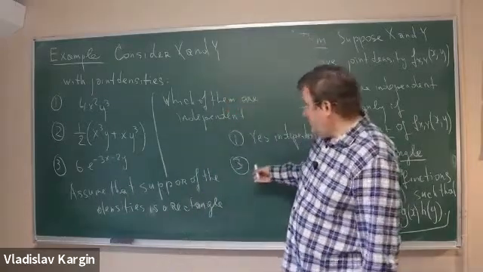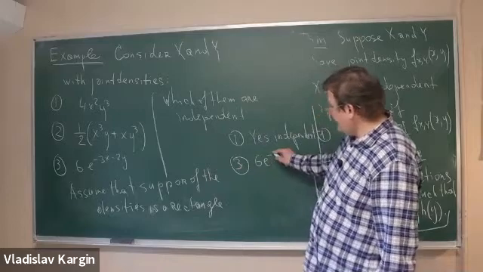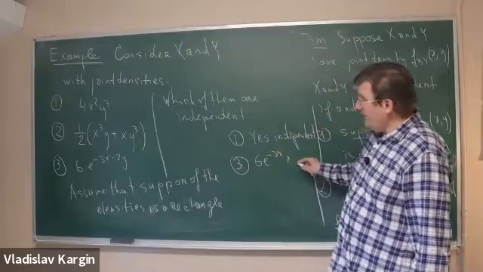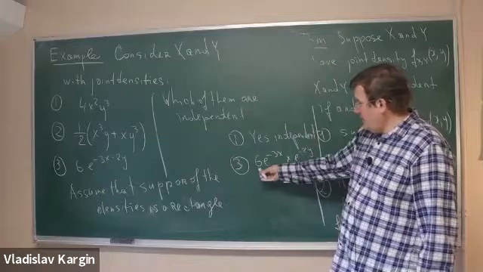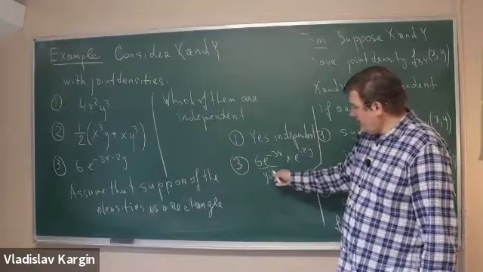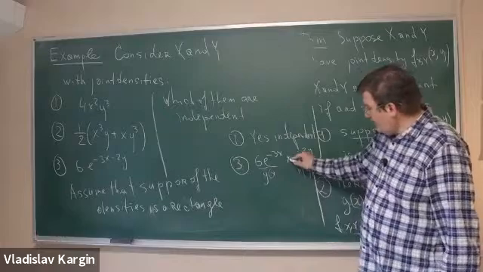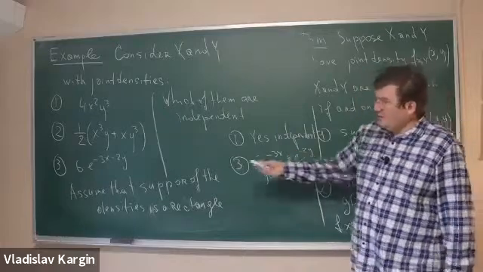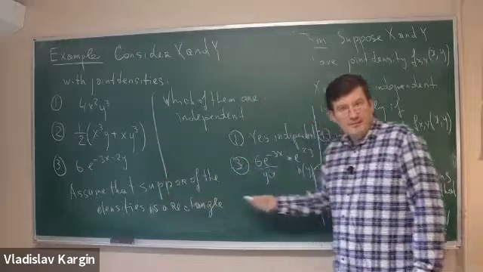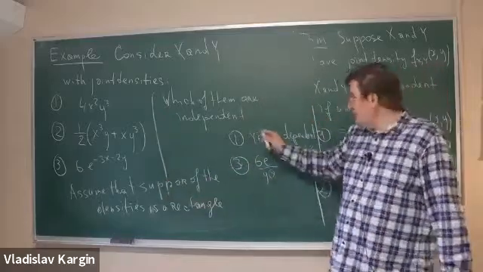So in case 3, you can write something like 6e to the minus 3x multiplied by e to the minus 2y. This will be g of x, and this will be h of y. So you were able to factorize this density. So, also independent.